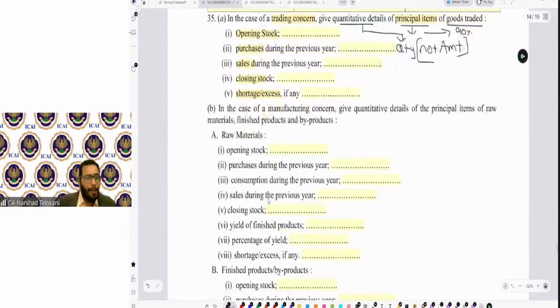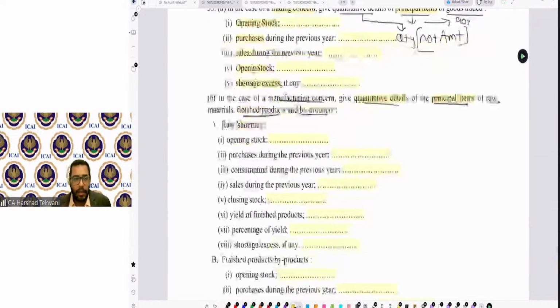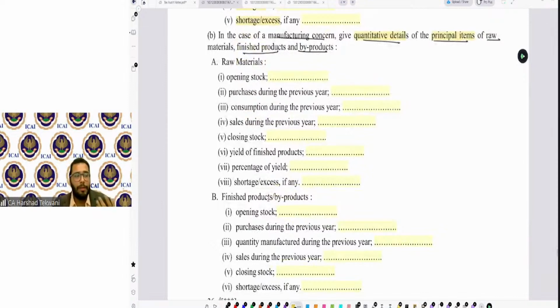In case of a manufacturing concern, you are required to provide again quantitative details of principal item of raw material, finished goods, and byproduct. So again, the thing comes with the quantitative details of the principal item. Now here, unlike goods traded for the trading concern, we have raw material, finished products, and byproducts.